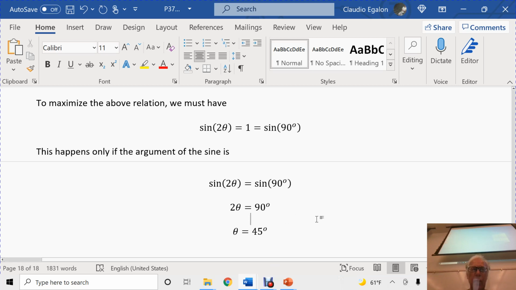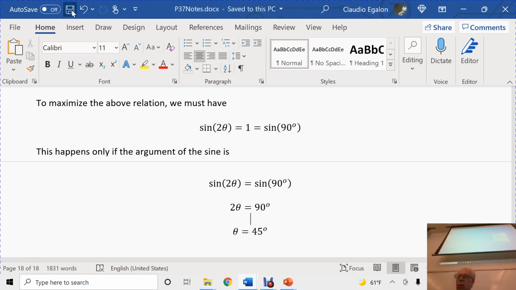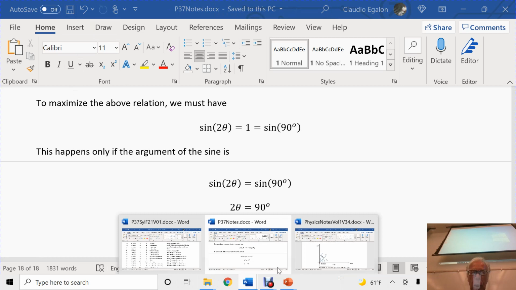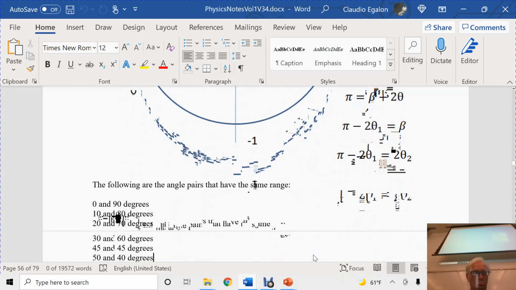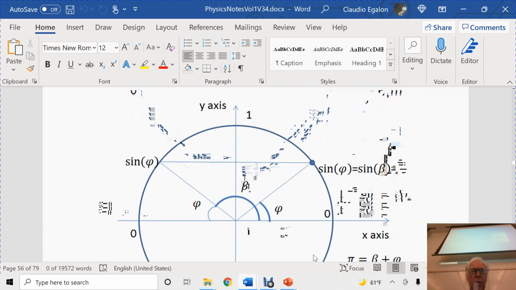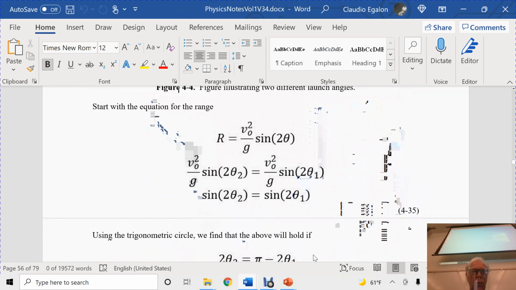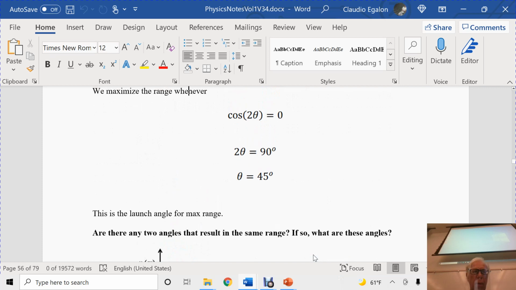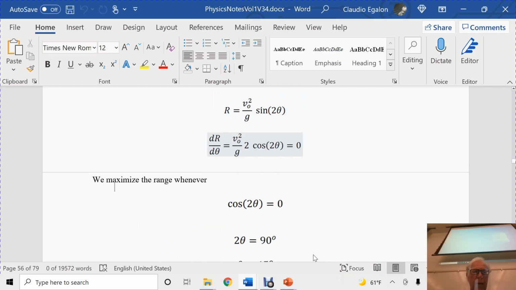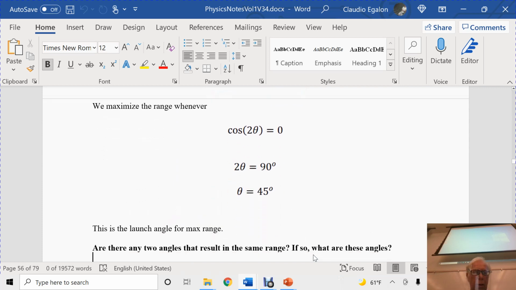Let's see what else we can do. What else we can play with. Let's go to my notes. Okay, there is one more interesting problem that we can solve. Maximize the range.